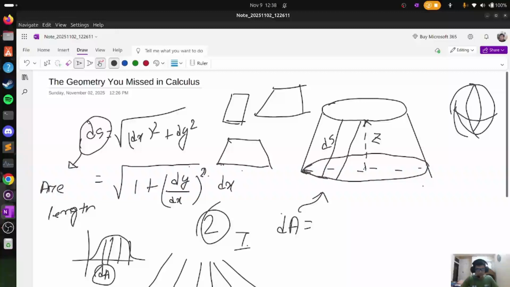Okay. And also, this circle has radius, suppose x, right? But when it grows from here, the radius will not be the same. No, the radius will not be the same.